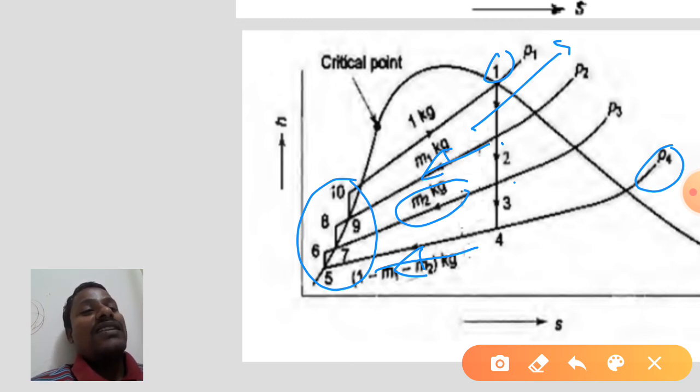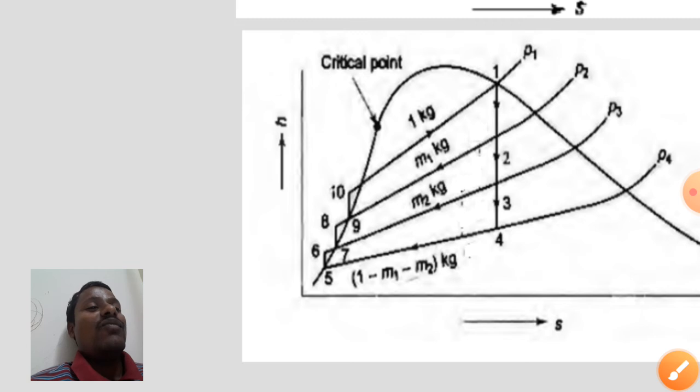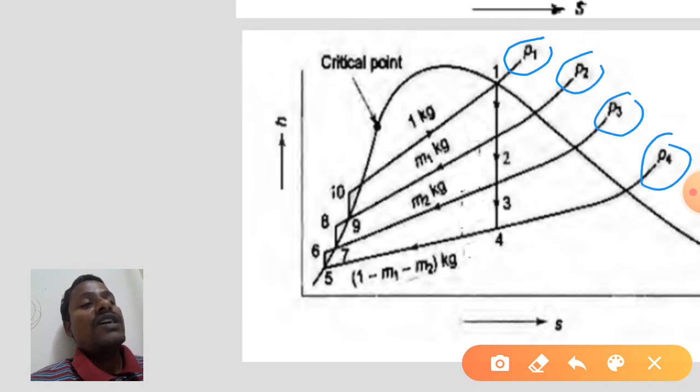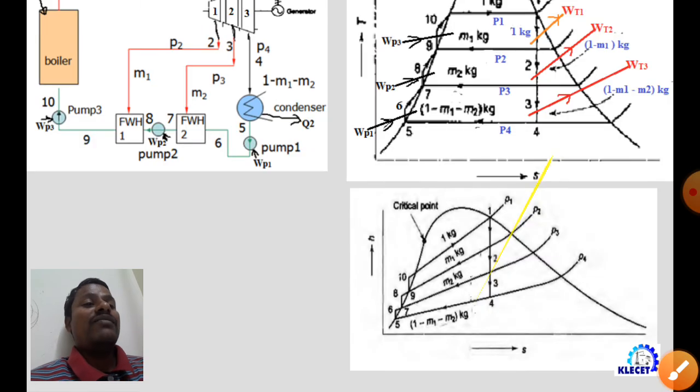So 10 to 1, that is 1 kg of steam gets heated in the boiler. Please note down, pressure is decreasing, varying from P1 to P2, P2 to P3, P3 to P4. And remember about the mass of the steam, which is changing as we bleed it.